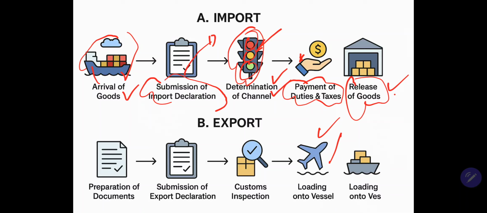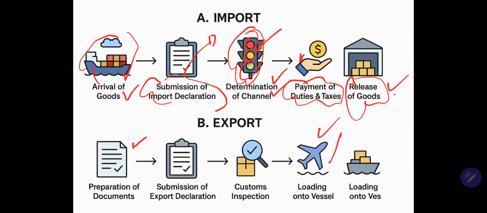Preparation of documents. The exporter prepares documents such as invoice, packing list, and other permits if needed. Okay, you have to prepare this if you are the exporter. Next, submission of export declaration.